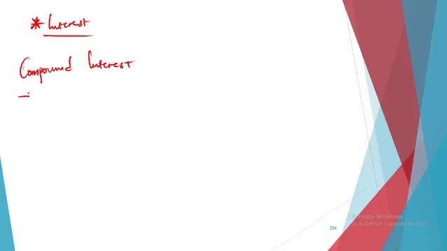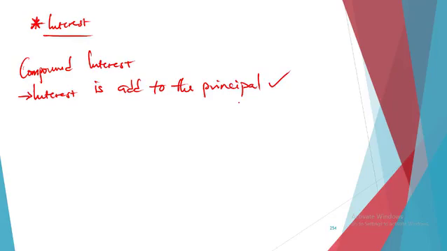So if the interval is a year, then at the end of every year you must add the interest to the principal amount that was given to you.